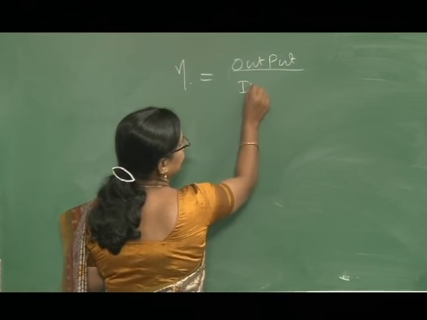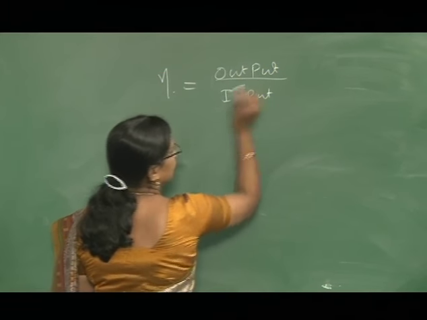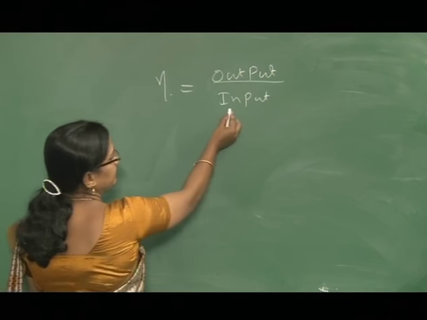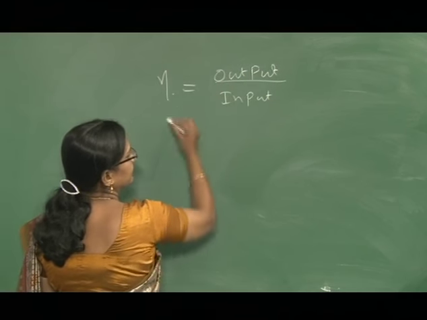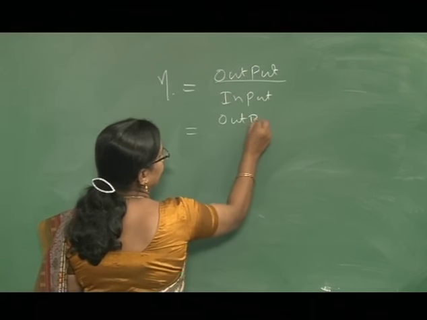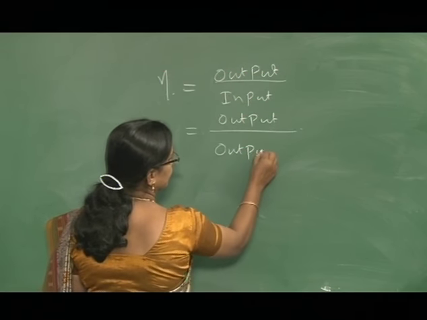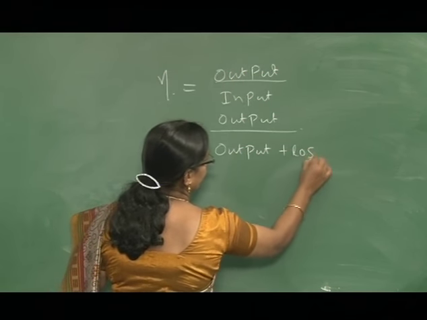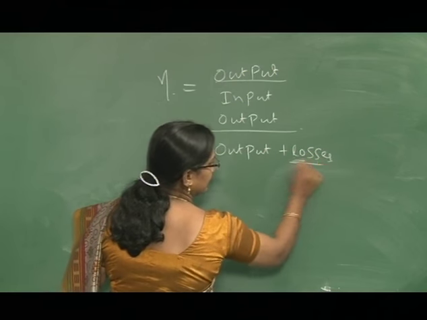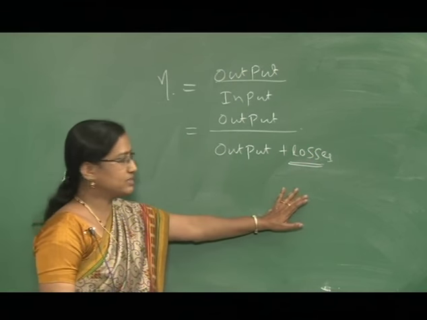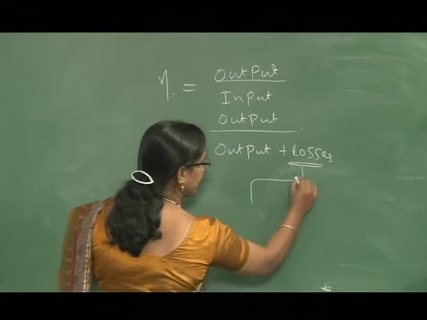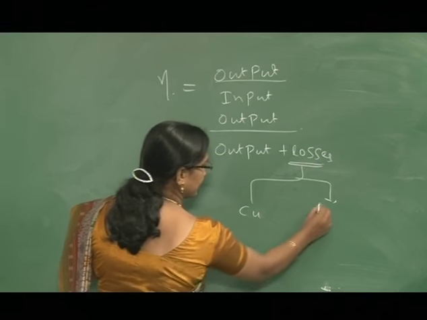It is the ratio of output and input. Input is equal to output plus losses. These losses include the copper and frictional losses.